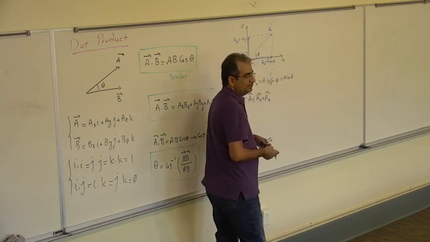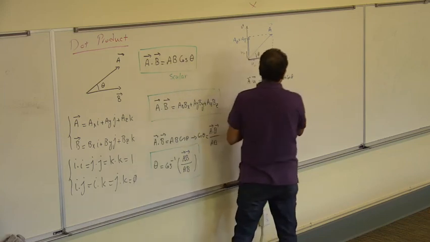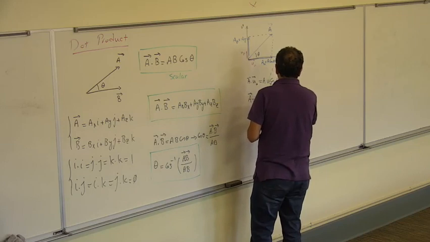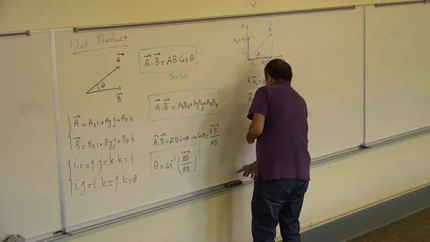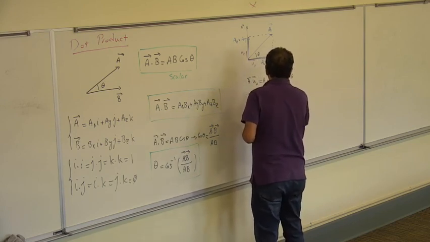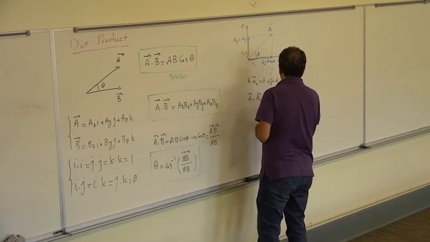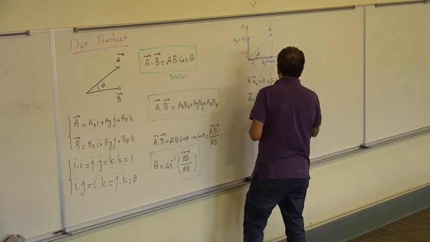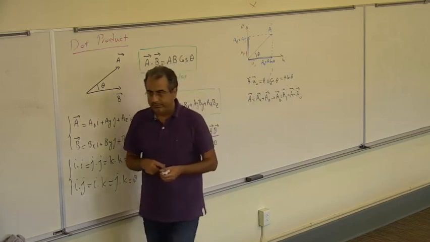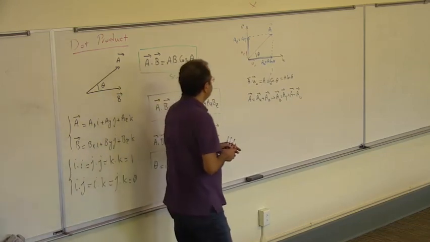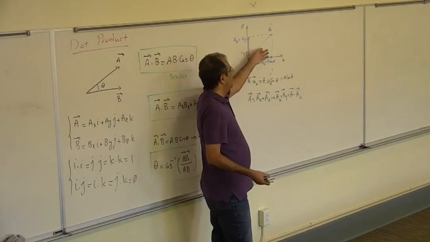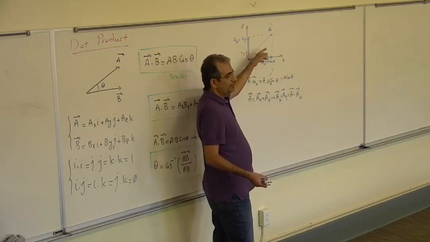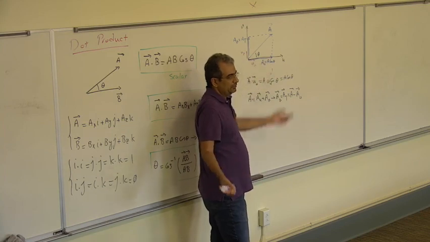So you can call it A minus A dot u, which is A on the v axis. So this one you already know: if you multiply the length of the vector by the cosine, it gives you the projection.